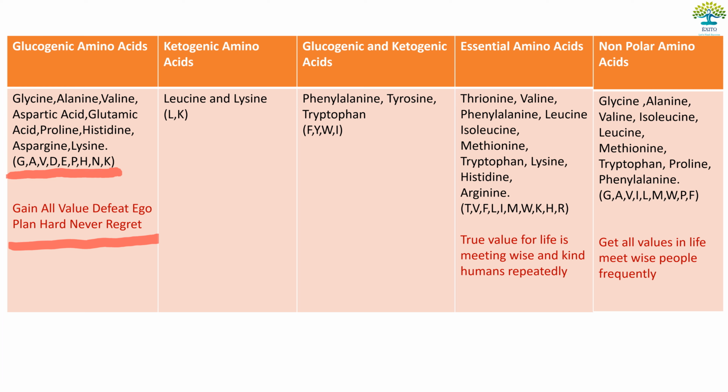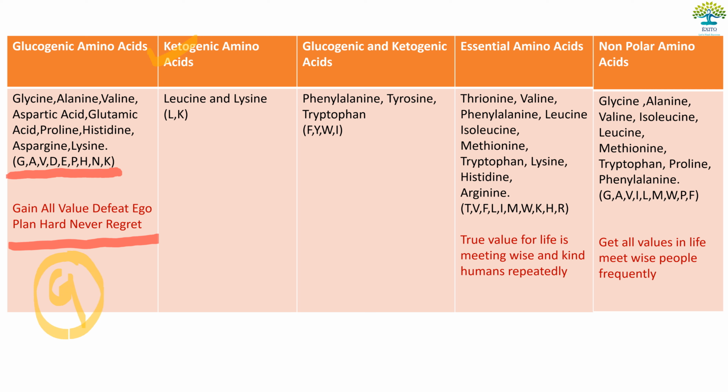This is among the most asked questions in NET examinations, SET examinations, even in medical entrance examinations. These are common areas for selecting questions. So you can see here: gain all value, defeat ego, plan hard, never regret. If you remember this sentence, you can remember the glucogenic amino acids.